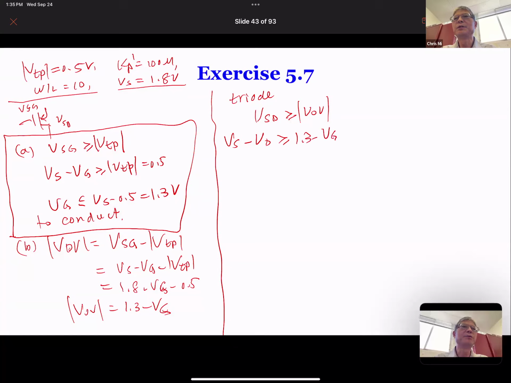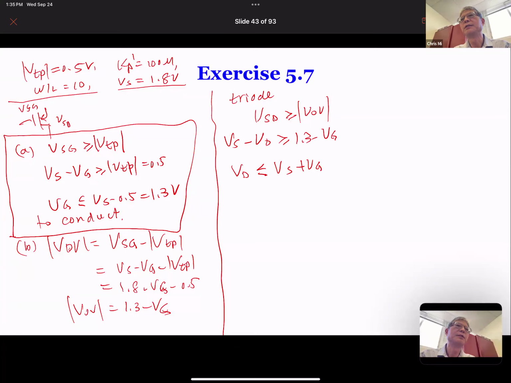They want you to find Vd as a function of Vg, so we can move Vd to the other side. It has to be less than or equal to Vs plus Vg minus 1.3.